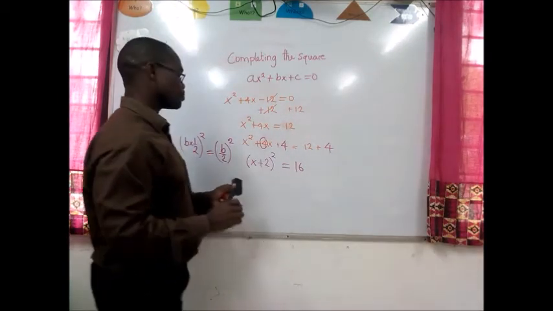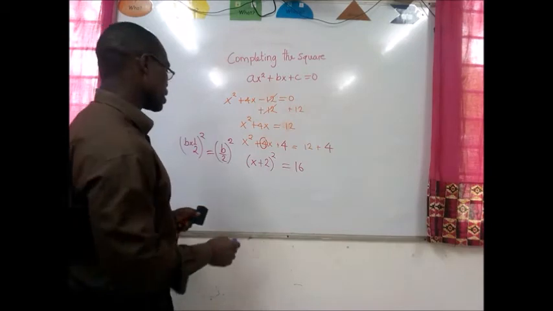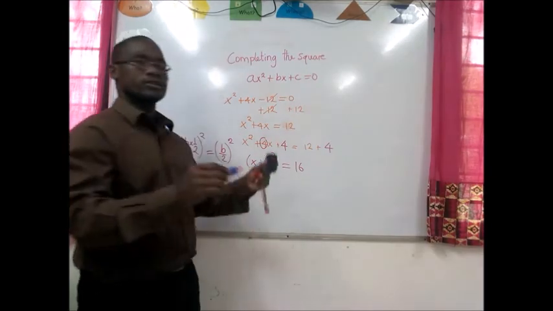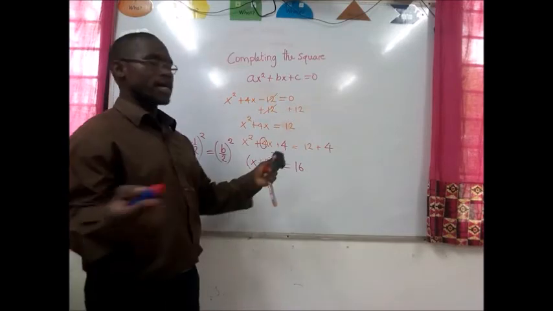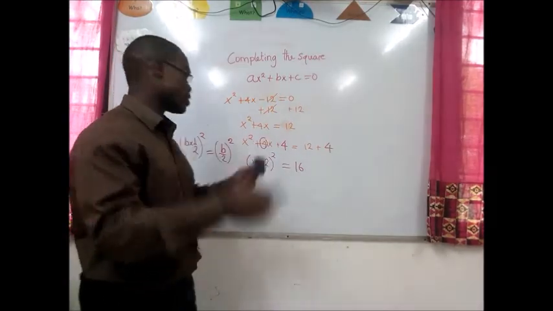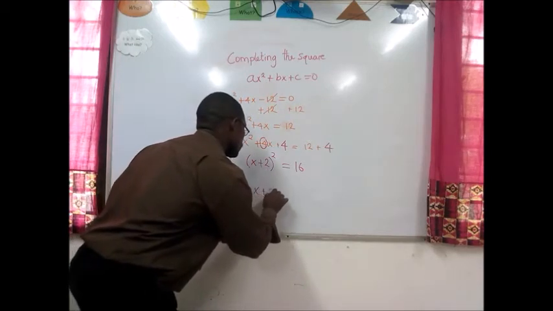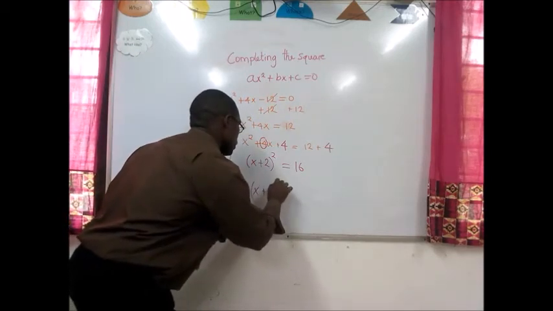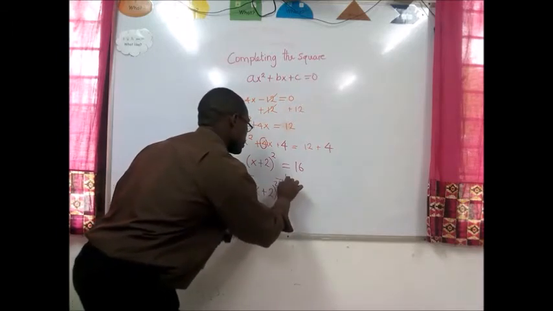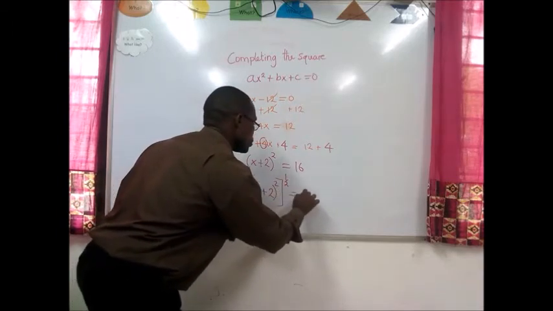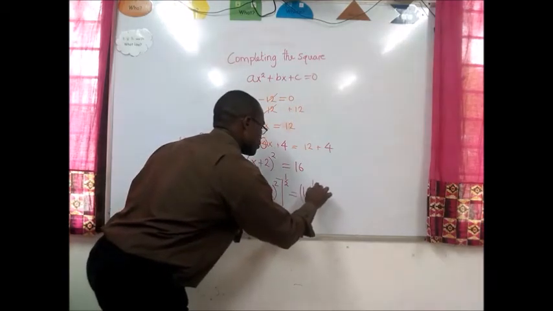So now we need to get rid of this square. How do we do that? There are other teachers who say you take the square root of both sides, but I say you multiply by the exponent half. So you say (x plus 2) squared, all times a half, is equal to 16 also times a half.